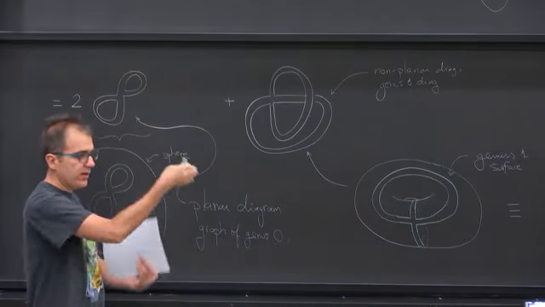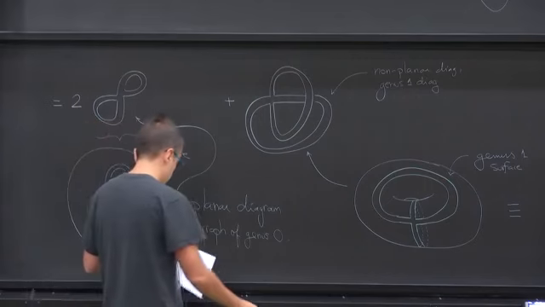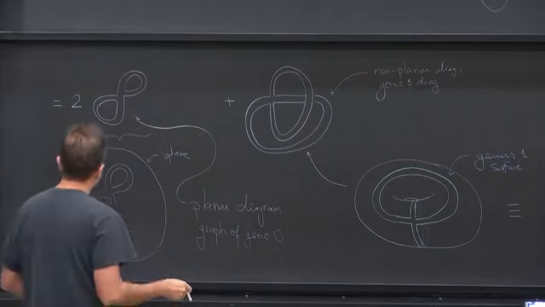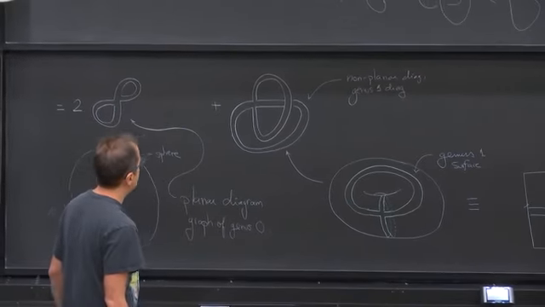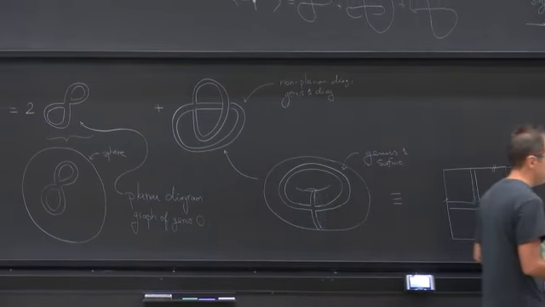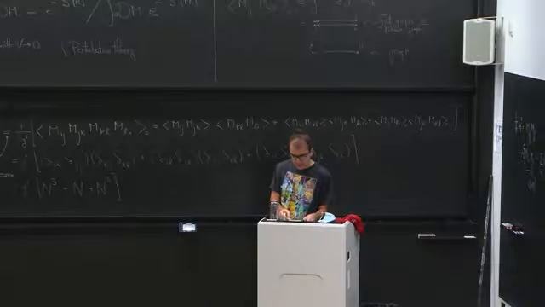And if I identify things now, I get precisely that picture. So what we are seeing here is that planar diagrams, at least in this simple example, when n is large, give bigger results. That is n cubed versus n.